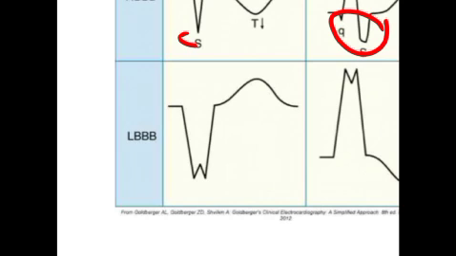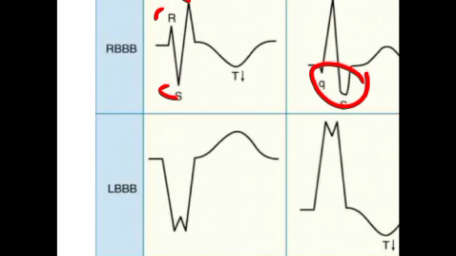For the left bundle branch block, here we have the complete opposite. Here you will see we have the prolongation. The QRS complex is prolonged and wide, and if you see in V1 here, we have a W pattern.